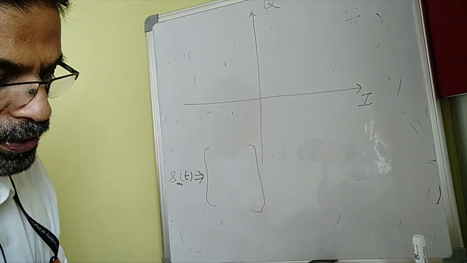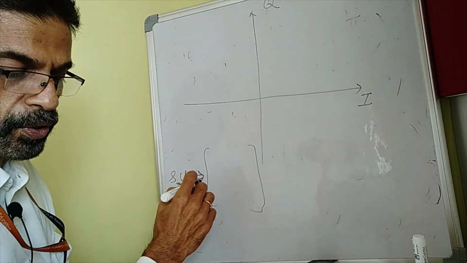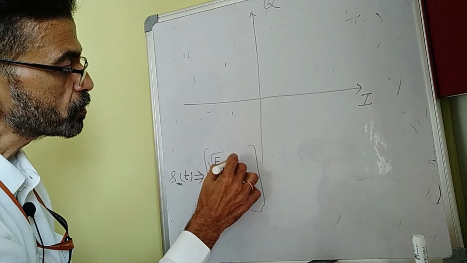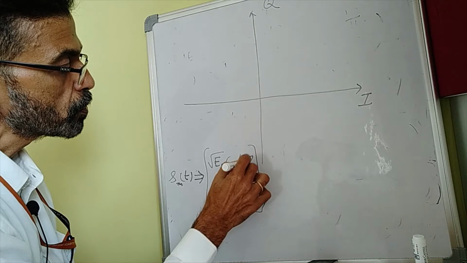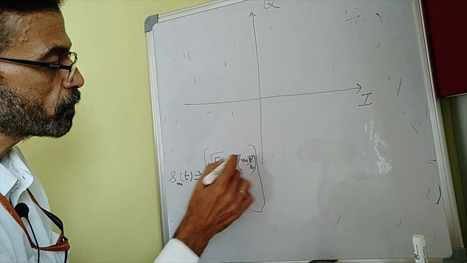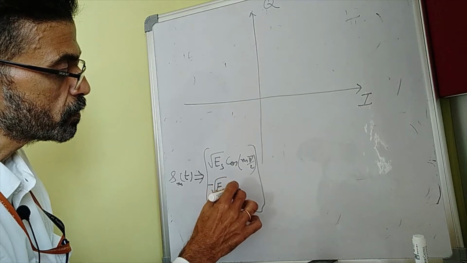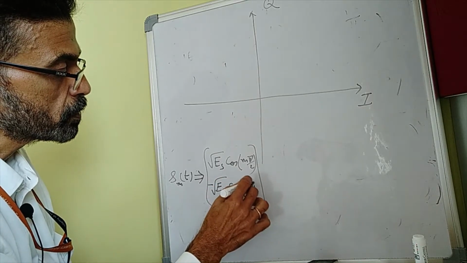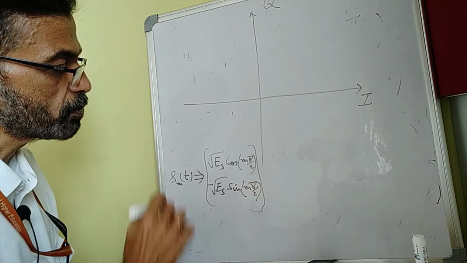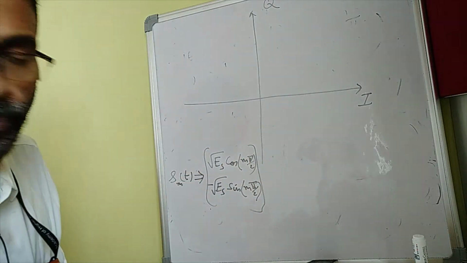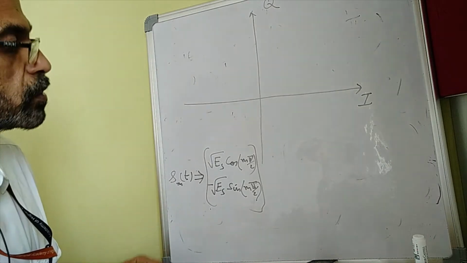In general, the coordinates are root Es cos m pi by 2 and minus root Es sin m pi by 2. And now we can plot.